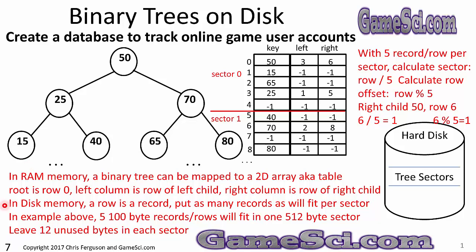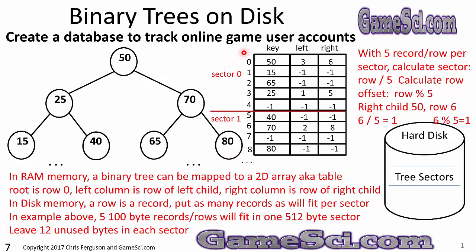In disk memory, a row is a record. Put as many records as will fit per sector. In the example above, let's say 5 100-byte records, or rows, will fit into one 512-byte sector. We'll go ahead and leave the 12 bytes unused in each sector. We're going to map 5 records or rows from this table per sector.